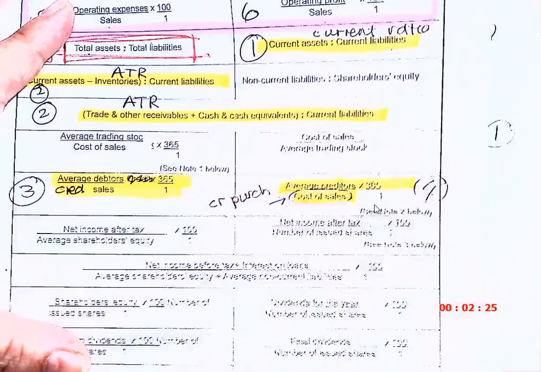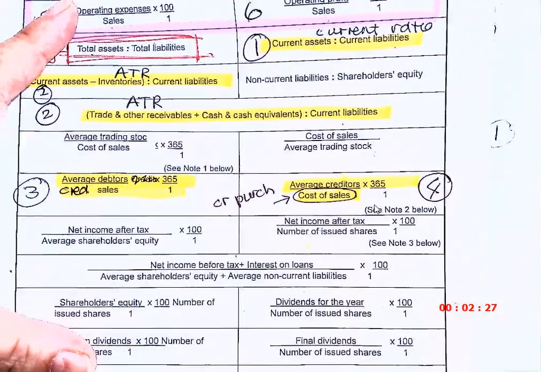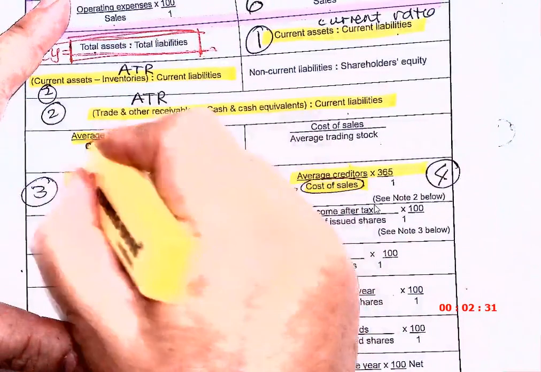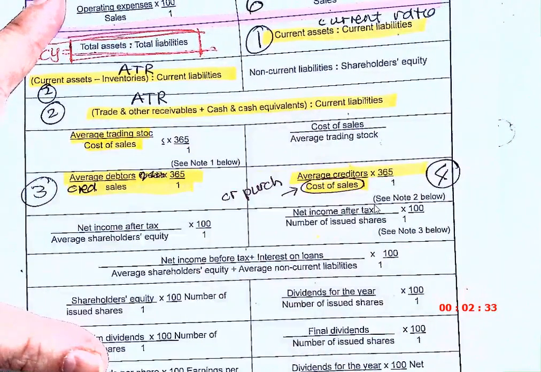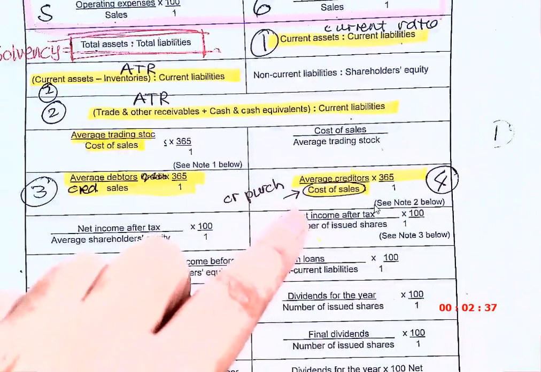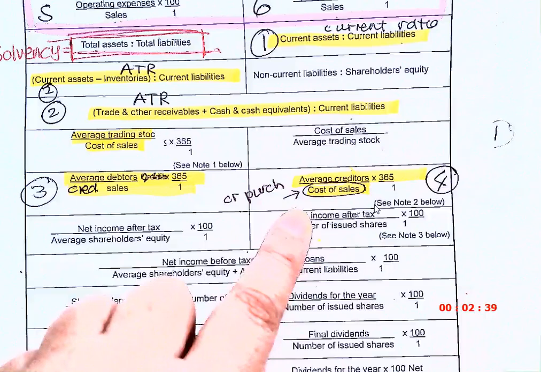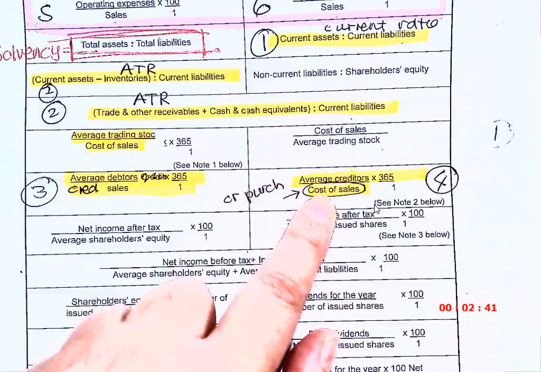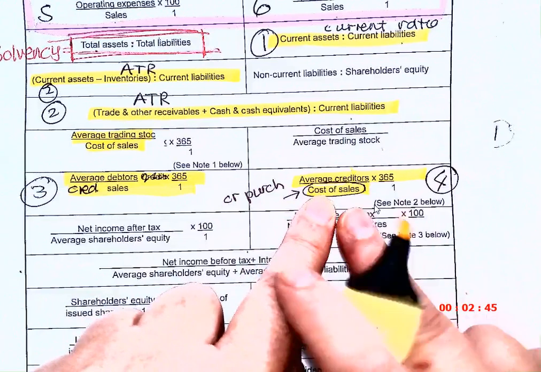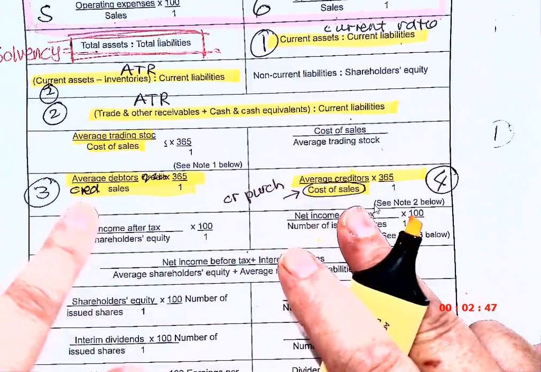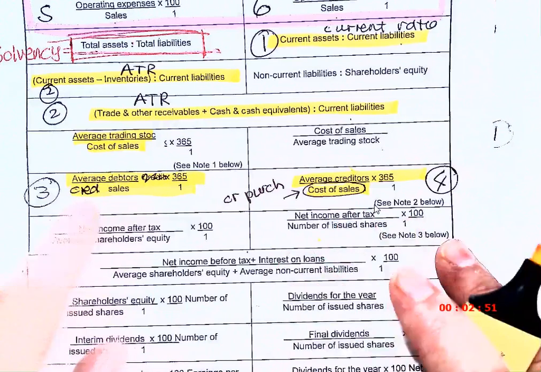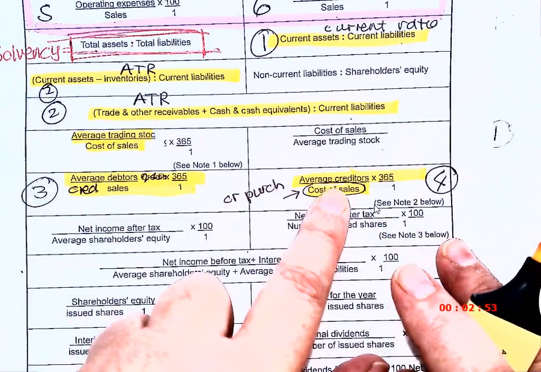And here I see they've got average stock on cost of sales. Please reverse back to the credit purchases. Okay, so a creditor is someone I owe money to, right? So can you see here, with average debtors they use credit sales. Now can you see here, they use cost of sales.